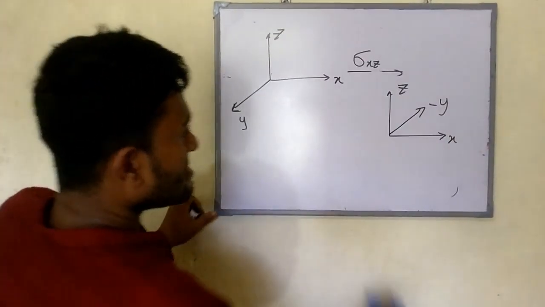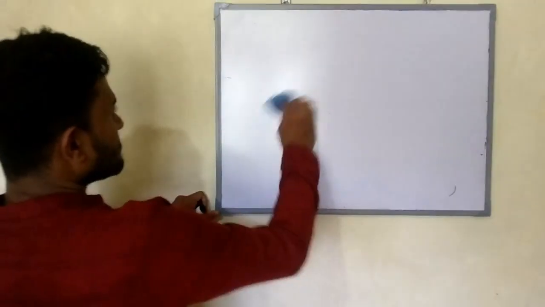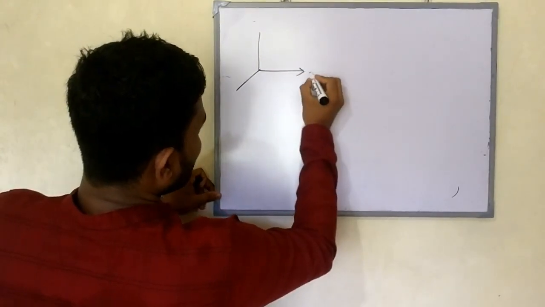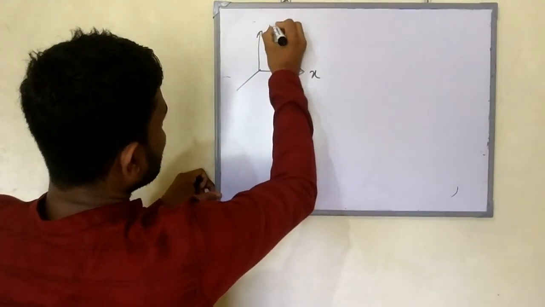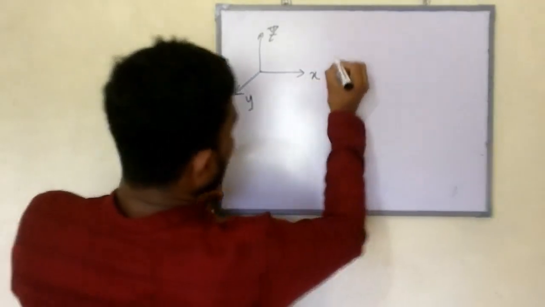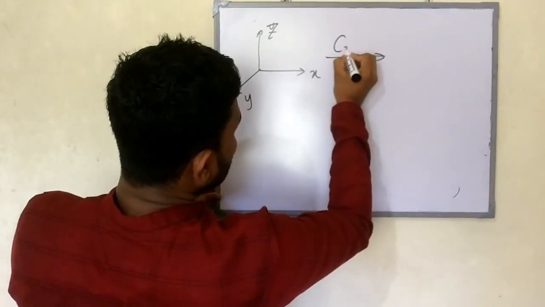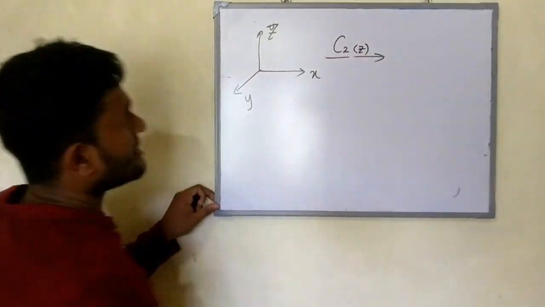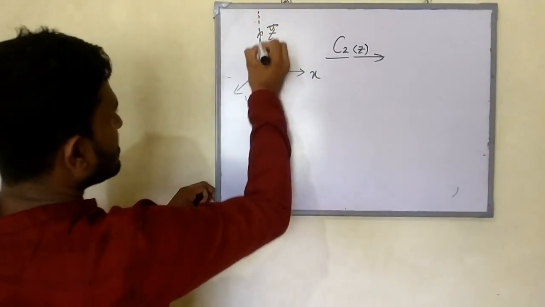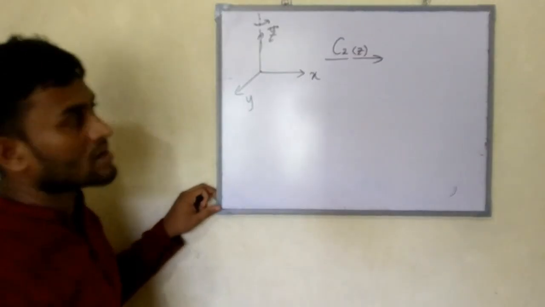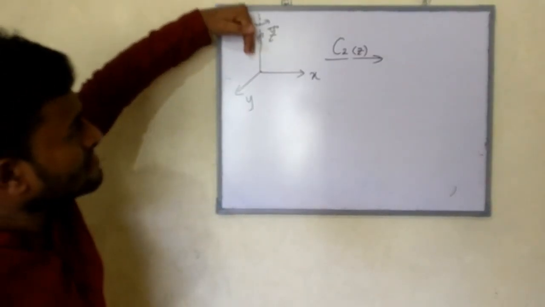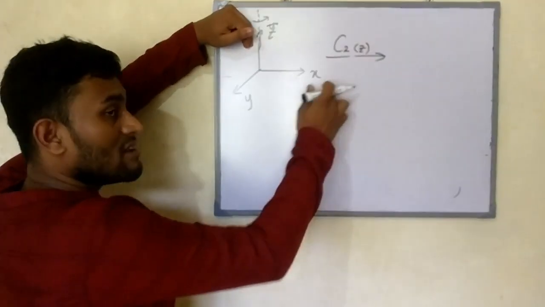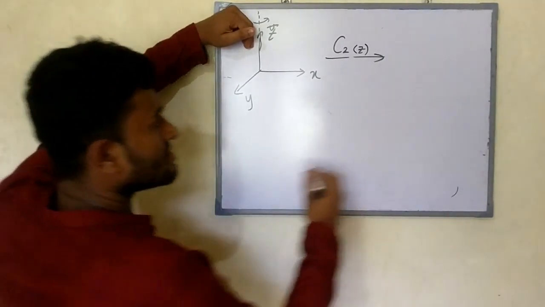And the proper axis is somewhat different to this. How do the proper axes come? For x, y, z, you are going to perform a C2 operation along the z axis. That means this axis, you are going to rotate the molecule. Then this z axis will not change, but x and y will be changed into minus directions.